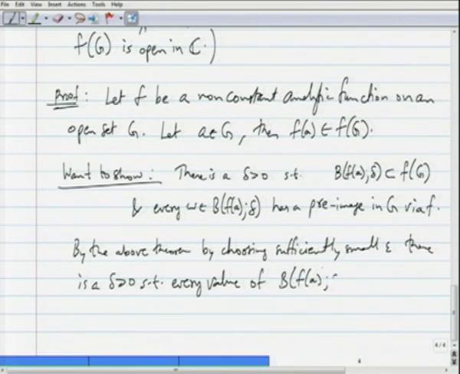So, B of f of A, delta, okay, is assumed the same number of times inside a circle of radius epsilon. Okay.